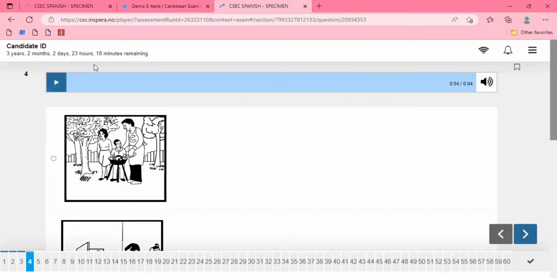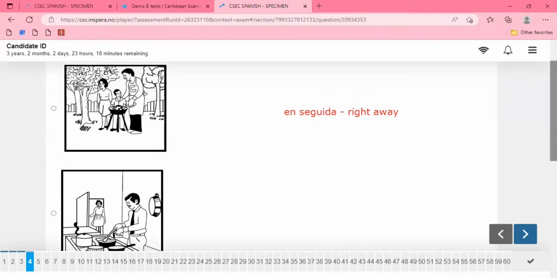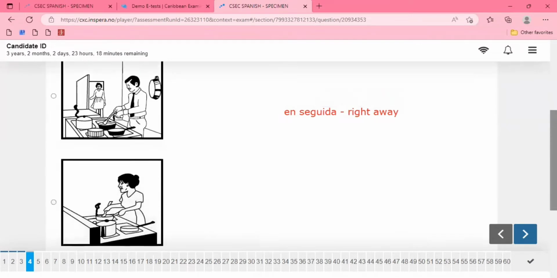I'm going to type out the keywords again, just for the sake of vocabulary. "Enseguida." So they're going to eat right away, or immediately. So let's look at what's going on here.